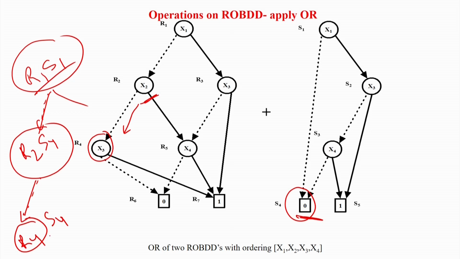Next, from here also you are going to take the left value, so it will be R6, and of course it is going to a left child, but here it is a leaf node, so you cannot go to any left child.